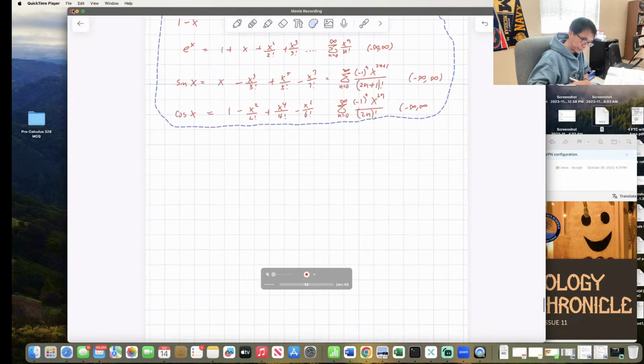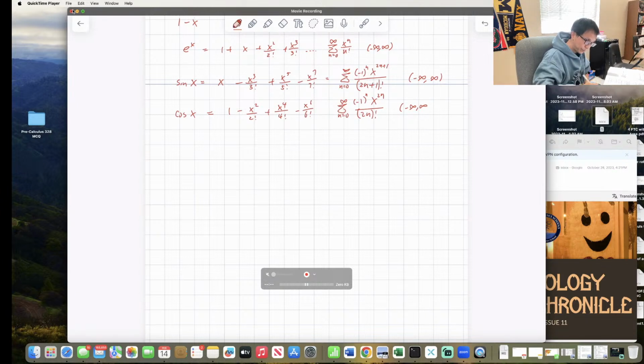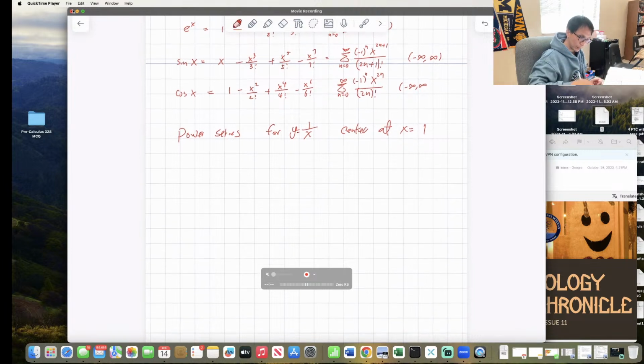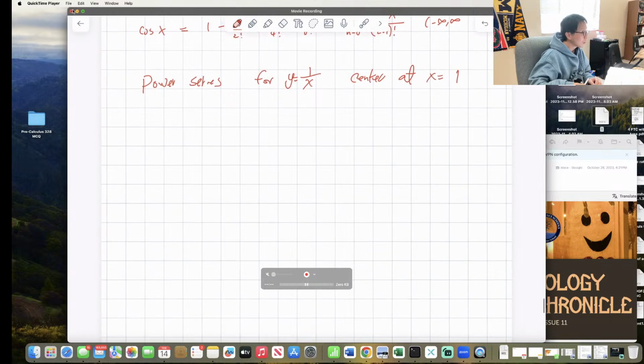Student, 1 minute remaining until class. This sounds long.